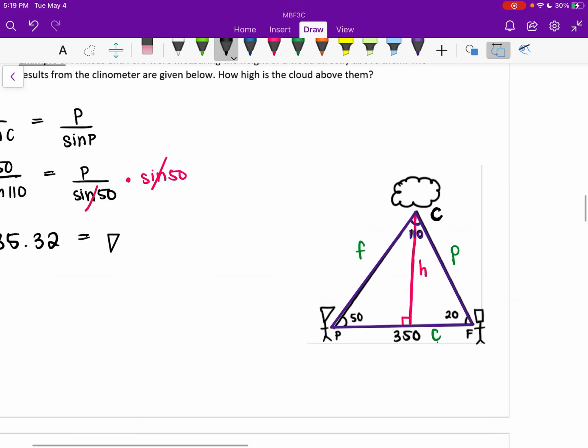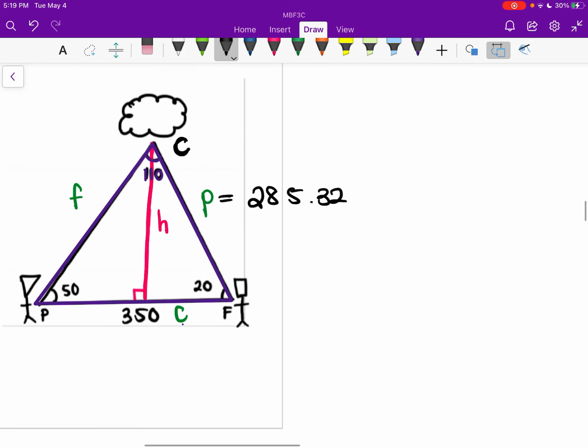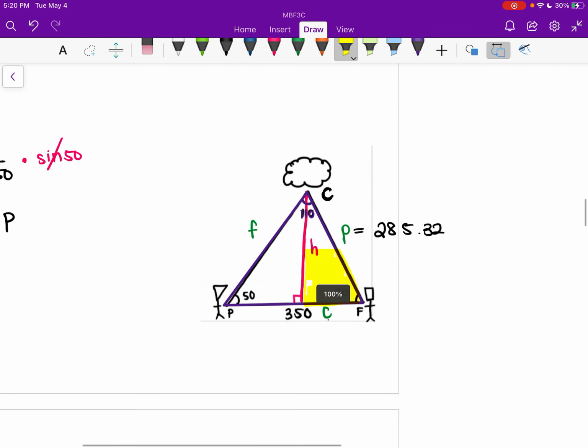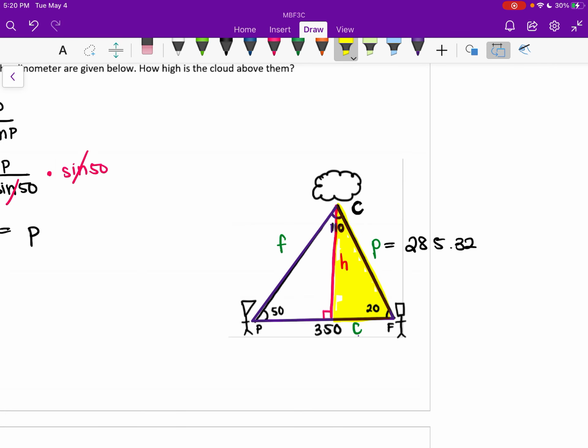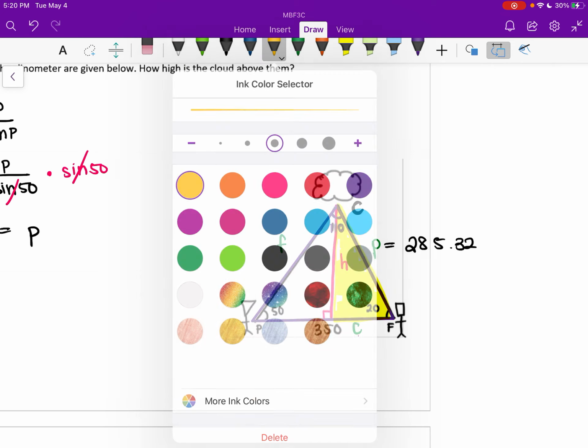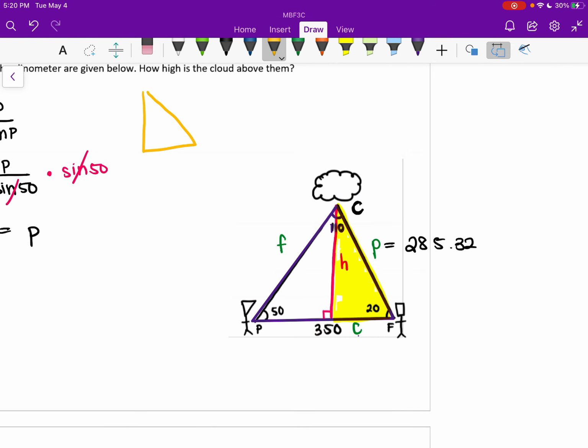So I know the value of this side over here is 285.32. Now that I know that, I can use this little yellow triangle in order to solve for the height, because it's a 90-degree angle. So let's just pull out this yellow triangle, and I'm going to draw it over here in yellow.